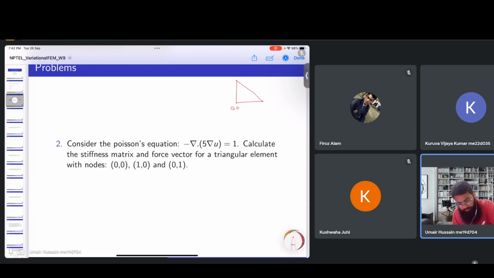This is our domain: node 1 at (0, 0), node 2 at (1, 0), then node 3 at (0, 1). If we remember, this is the master element for triangular elements. So can anyone tell me the approximation functions for this kind of element?